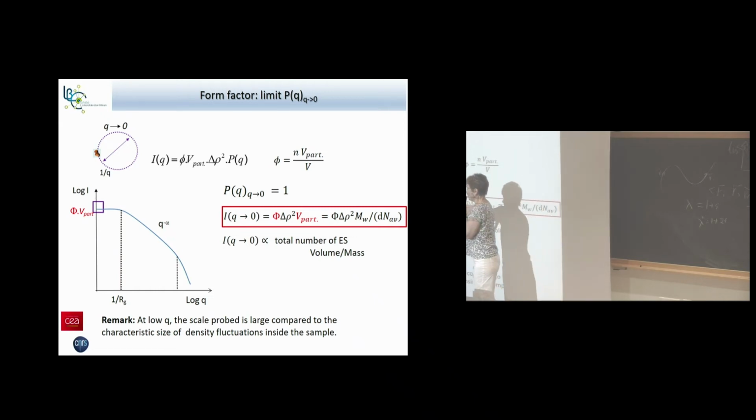Generally you know how many particles you put in the sample, and the volume fraction in the solution. So the only unknown is the volume of the particles, which is also related to the molecular weight. So at 0 Q value, you are able to measure the volume of the particles, or the mass, because the volume and the mass are related.